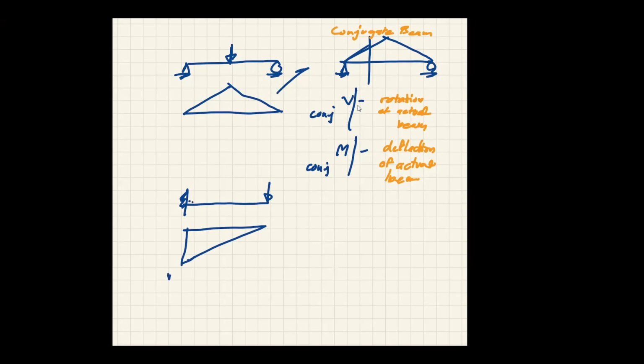You have moment here, but in the real world, the deflection here is 0. So to use a conjugate beam right away is going to be wrong. So if you want to use a conjugate beam for the cantilever beam, you must swap the support condition. The free end becomes a fixed, and the fixed becomes free. And then you have your bending moment diagram as a load. And it's just the same applies.